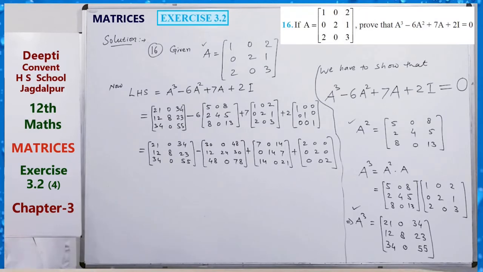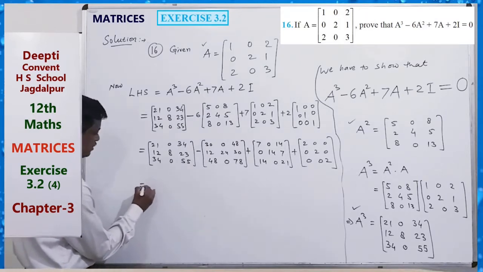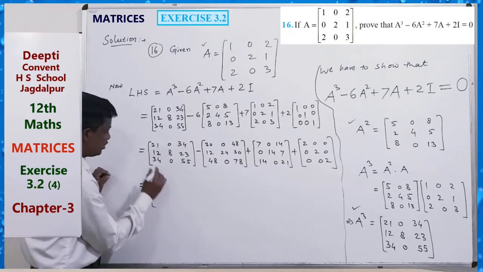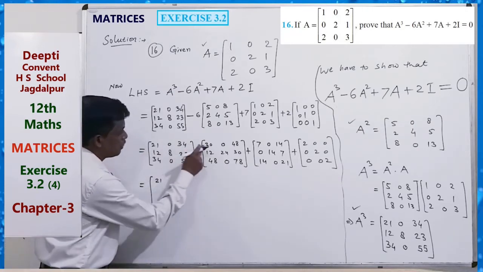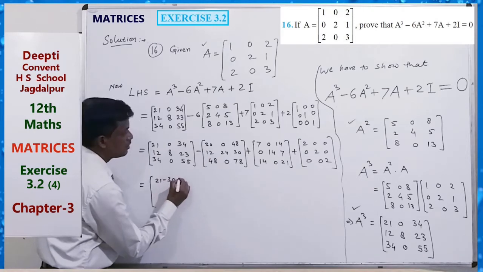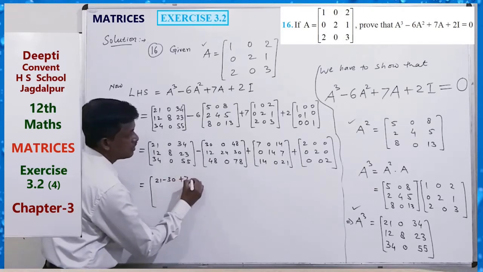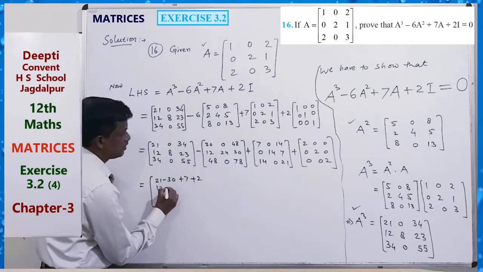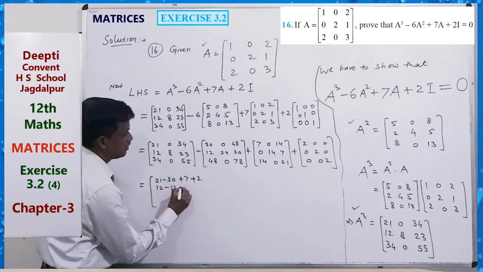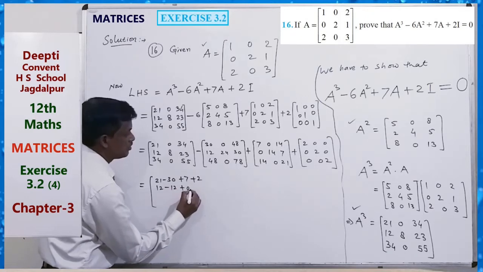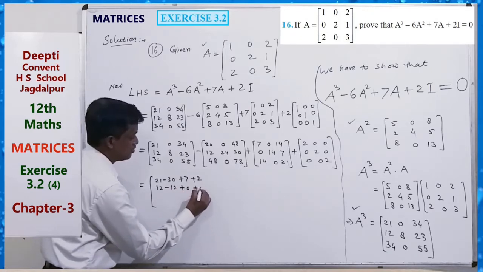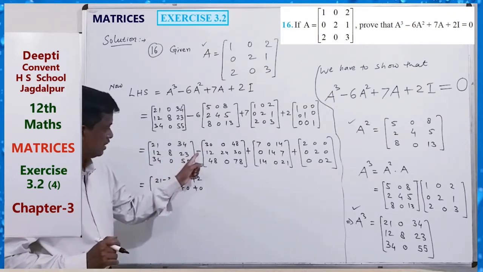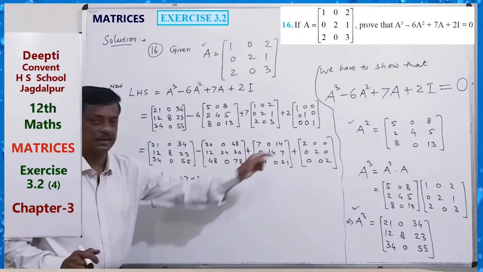Now calculate it. Just write it in a single matrix. 21 minus 30 plus 7 plus 2. 12 minus 12 plus 0 plus 0. Just corresponding elements are added or subtracted with sign.